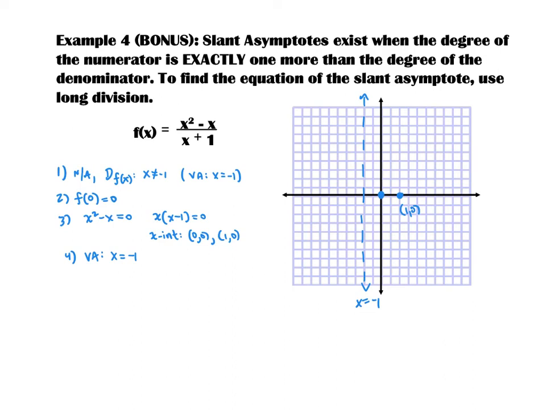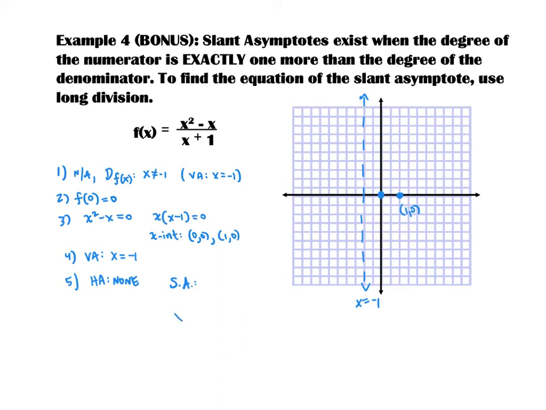Okay, let's take a look at our slant asymptote. Since there is no horizontal asymptote, none, we're going to explore what's called a slant asymptote. So we can find the equation of the slant asymptote by doing some long division.